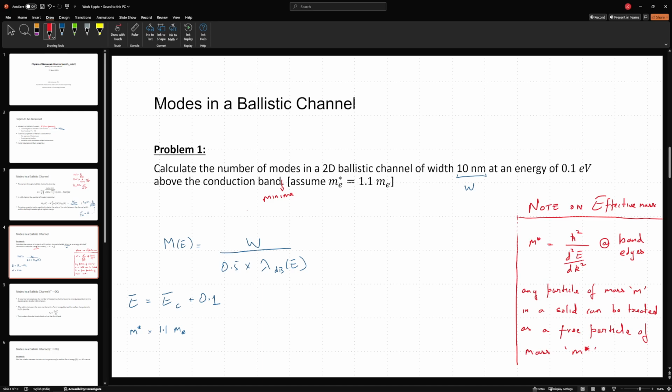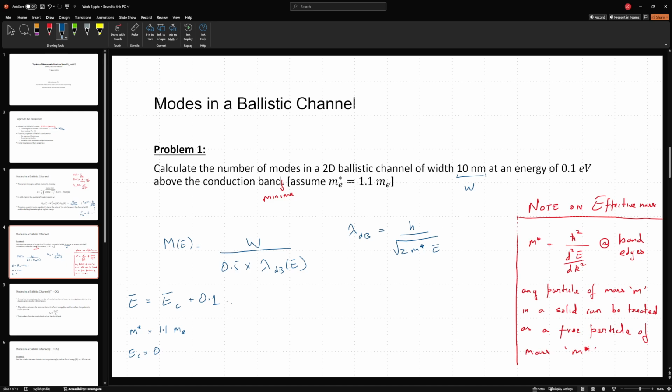So, back to the problem. We know this is the expression. Now over here, lambda dB at this energy is going to be h divided by square root of 2 m star times E. Since I've been given the effective mass, I know EC can be said to be 0, which implies any electron at 0.1 electron volts above the conduction band minima can be treated as a free particle of mass m star with the same energy.